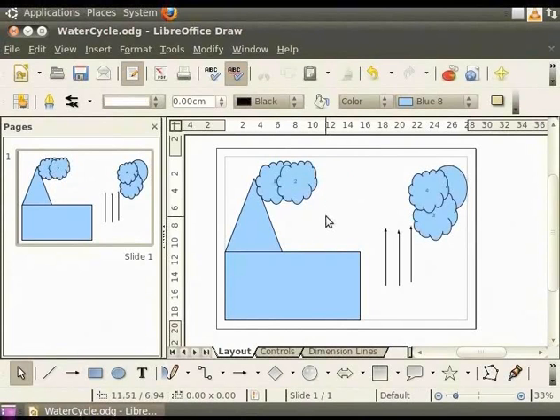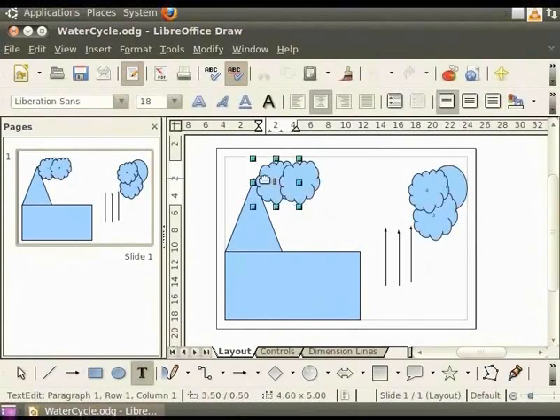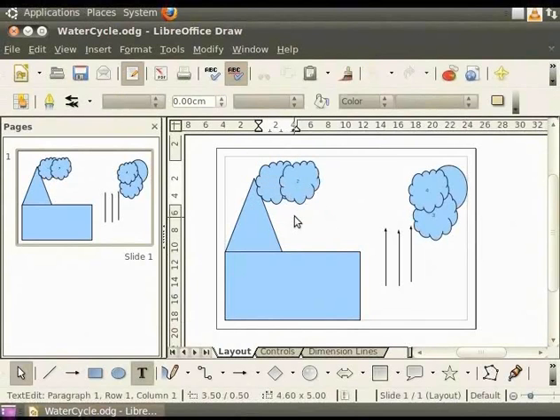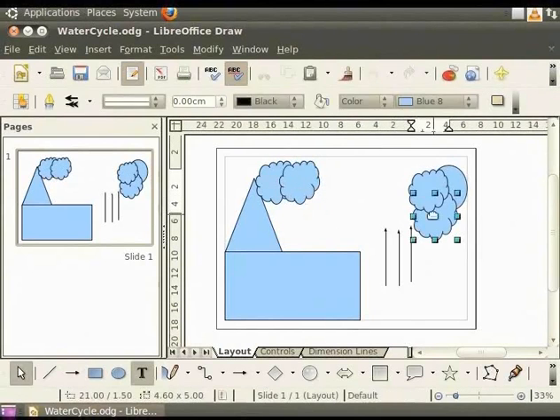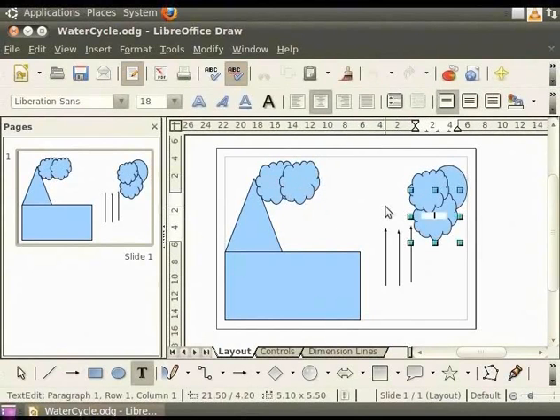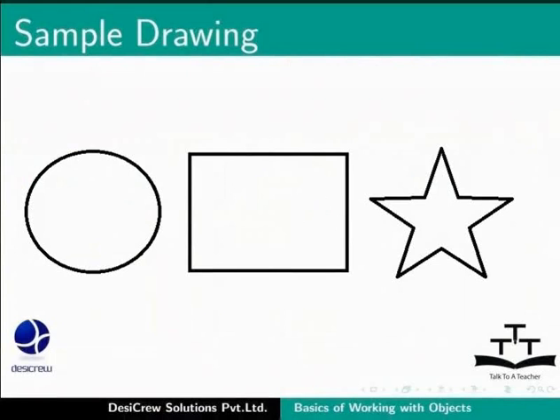Next, let's delete the numbers from the clouds. To do so, select the cloud and double-click. Then, select the number and press the Delete key on the keyboard. Pause the tutorial here for this assignment.